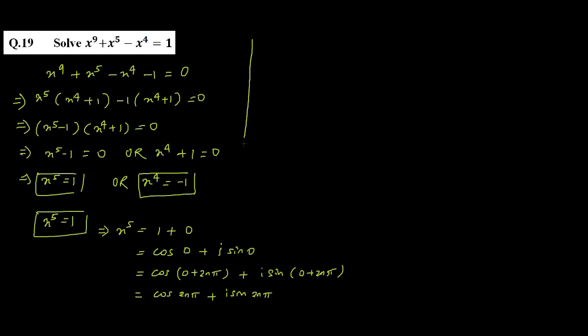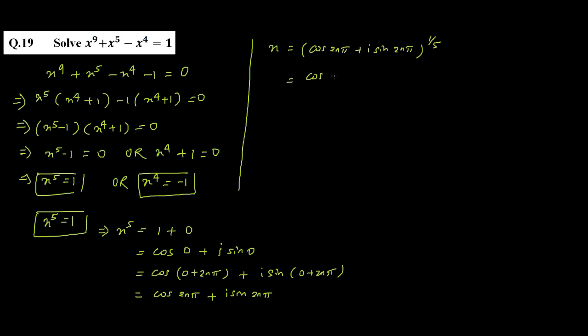But what I actually need is x, so that's why make it (cos 2n pi plus iota sine 2n pi) to the power 1 by 5. Apply de Moivre's theorem.